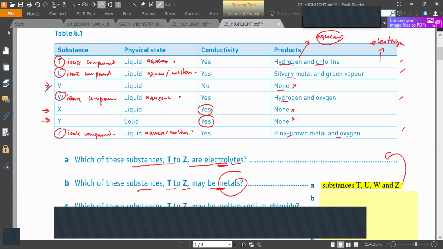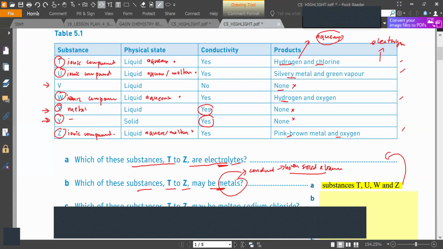Metal conducts both solid and liquid. Both solid and liquid, it can conduct. That is metal. So our answer will be XY. XY will be metal.